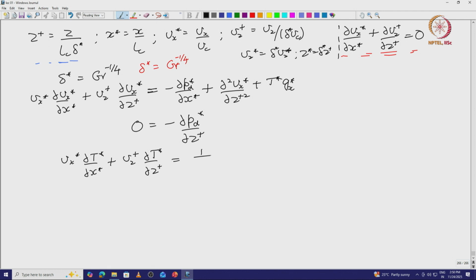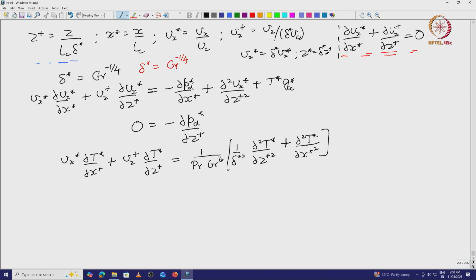This is equal to 1 over Prandtl number into Grashof power half, into 1 over delta square, partial square T by partial z plus square plus partial square T by partial x star square.